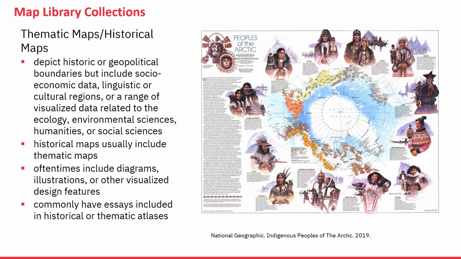In this, they contrast with general reference maps, which focus on the location of a set of physical features, such as rivers, roads, or buildings. It is common to have essays or documentation included to contextualize the visual elements.